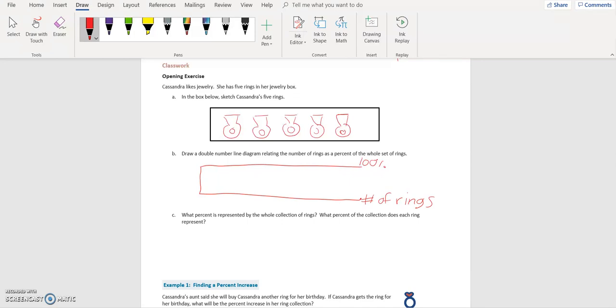Next, we have 5 rings. So this would be if we had 0 rings, then 1, 2, 3, 4, and 100% is supposed to be our 5 rings. That's not exactly spaced correctly.